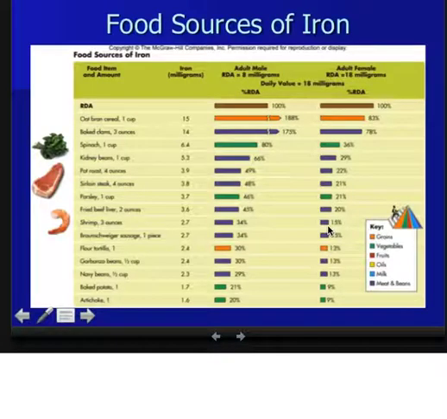And these are the food sources of iron. Again, the RDA on the left, the amount of iron in milligrams in this column here, and then two columns, one for the adult male and one for the adult female, showing you, again, the percent RDA that each of these food groups has in our diet.